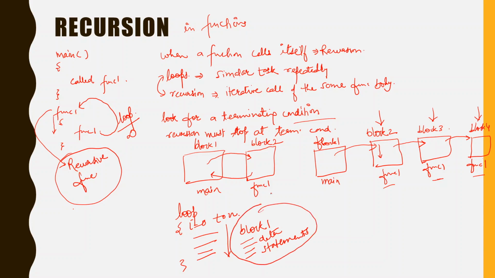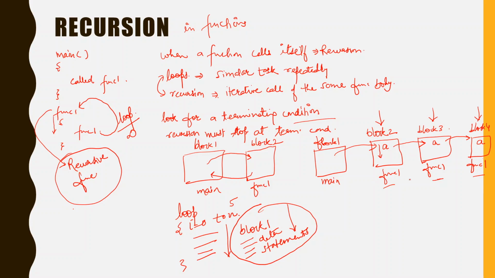But here you can see that every iteration or every call to the recursive function creates a new block of memory, and suppose each of the functions has a variable a. So an instance of a will be created with physical memory for every recursive call. So suppose iterations are required for 1 to n, say 5 iterations, then in a loop the same data and statements will be used in all the 5 iterations.